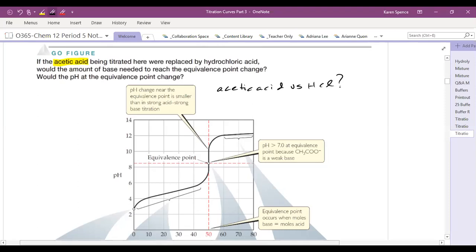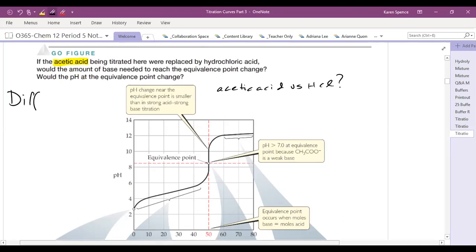What kinds of acids do we have? Yeah, acetic acid is weak, absolutely. So before we answer the questions up there, let's focus on what are the differences in the titration curve. We did this last day.